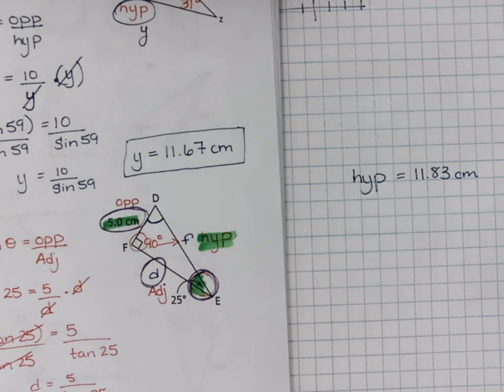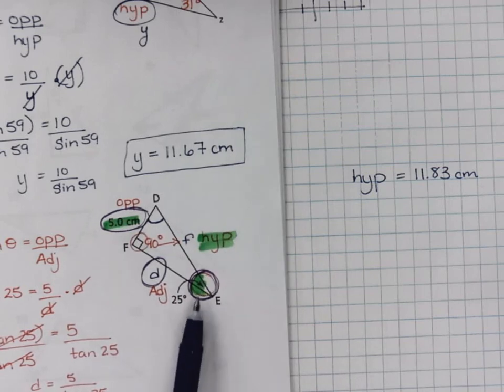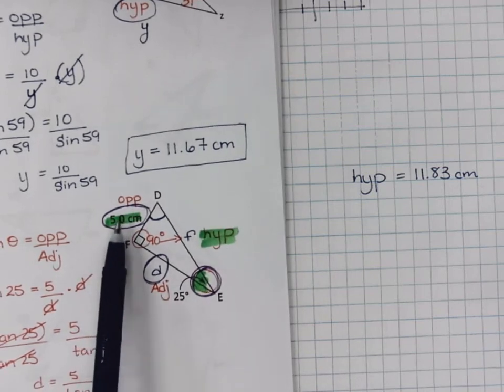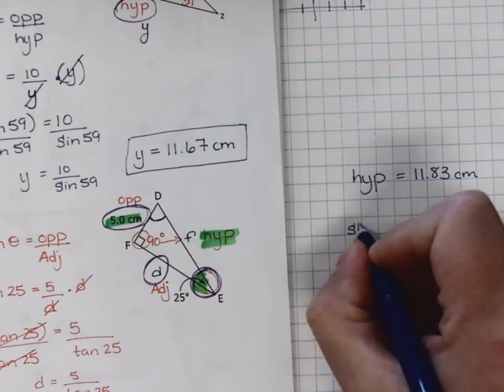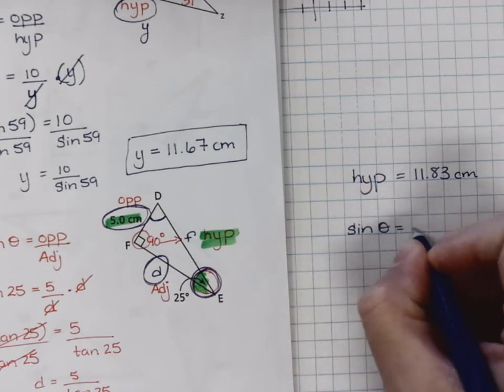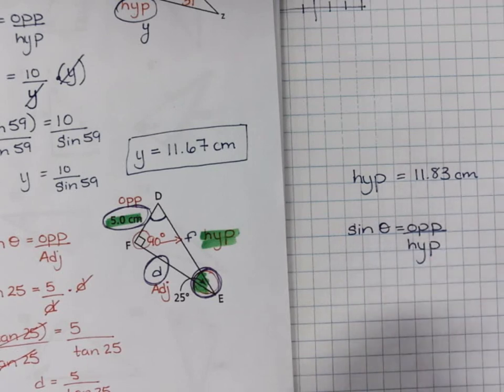So trig formula that has the opposite and the hypotenuse in it, because I keep using that same angle, so this still is opposite to 25. Those are opposite to each other. So opposite and hypotenuse is sine. So sine of the angle is equal to opposite over hypotenuse.